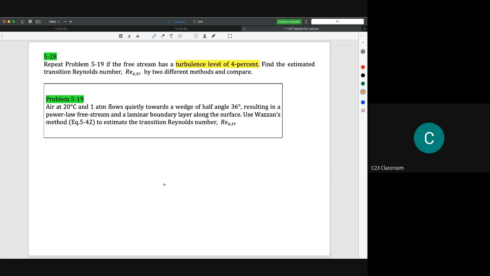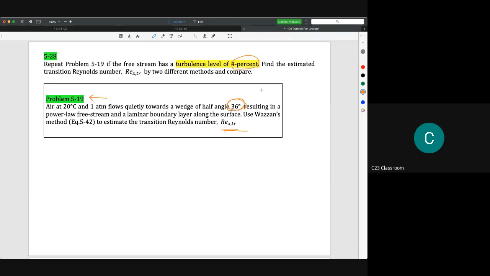This is the question for 5.19: air at 20 degrees Celsius, 1 atm, flows towards a wedge of half angle 36 degrees. Previously we already estimated the transition Reynolds number, but now we have the turbulence level of 4%.